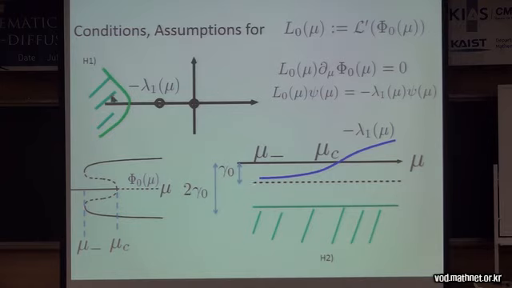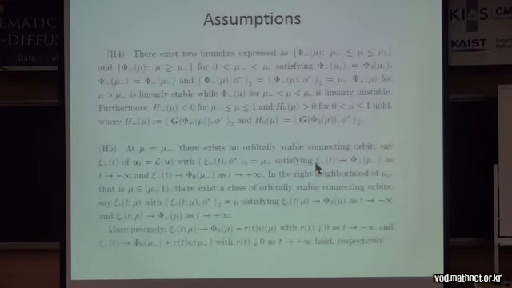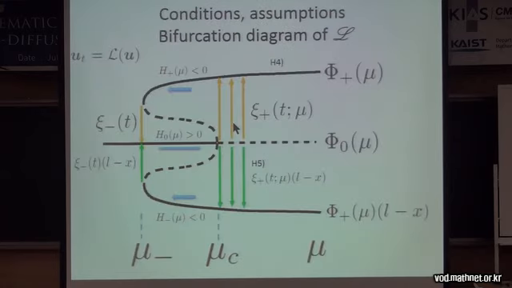The other spectrum is apart by more than 2 times gamma zero. This is a very technical condition, but anyway we assume these kinds of assumptions. They are a little complicated, but with pictures it is very clear.